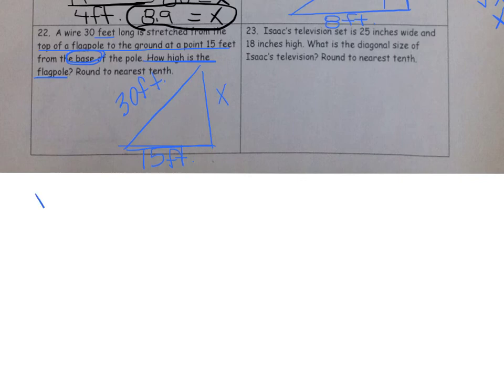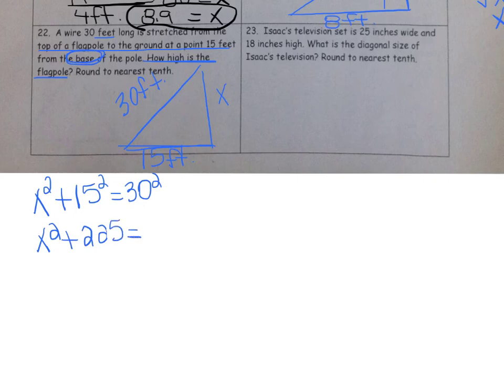So our equation is x squared plus 15 squared equals 30 squared. X squared plus 225 equals 30 squared, which is 900.